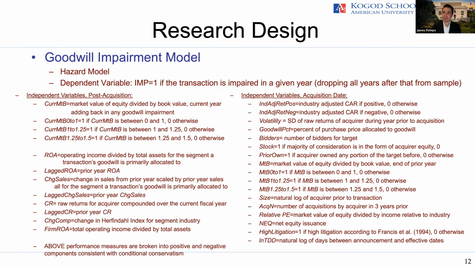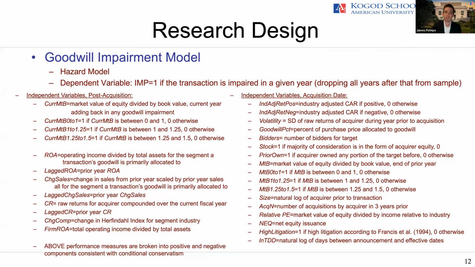Since there is a major line of literature on this, not surprisingly, our goodwill impairment model is going to be quite significant, with a lot of variables. We build off the Hayn and Hughes 2006 structure, but we add from a bunch of different papers. The overall idea is that our goodwill impairment model is a hazard model.